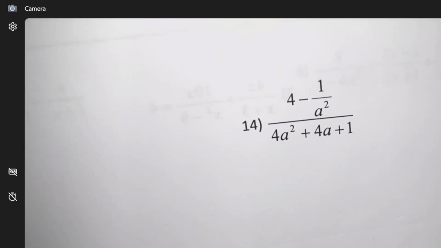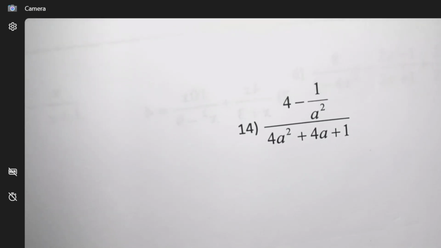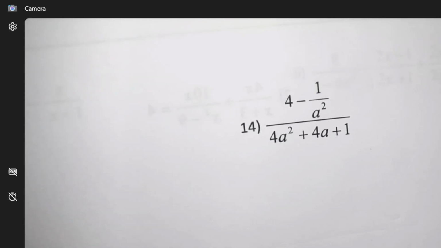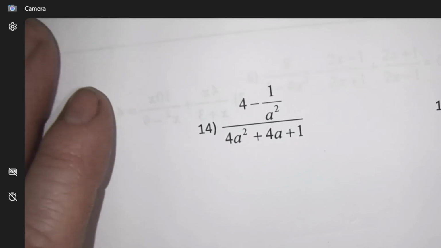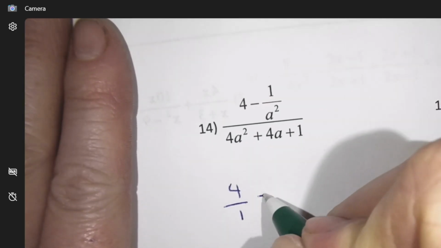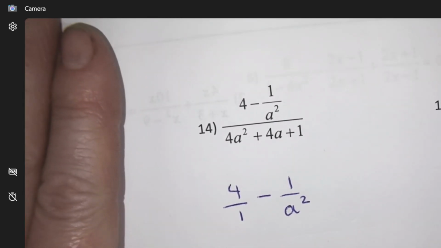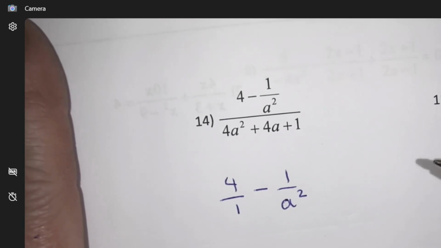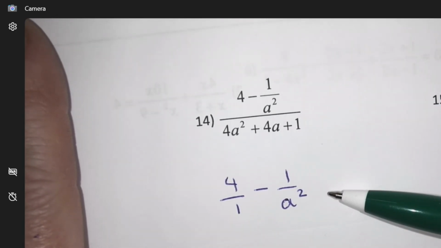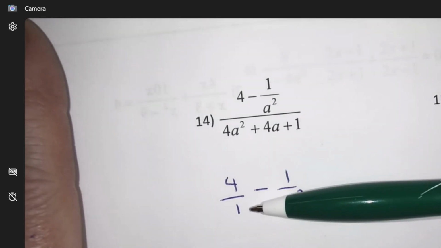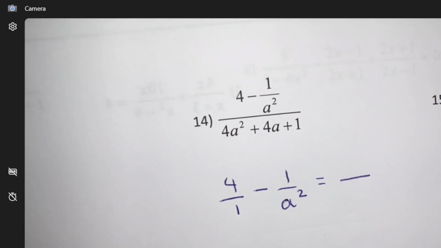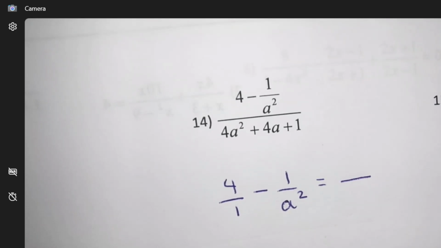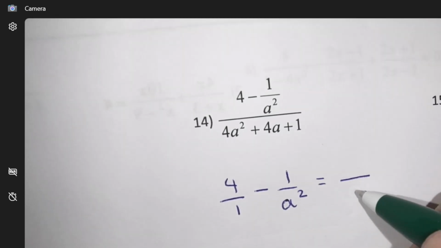Okay, anybody find another one that looks crazy? Let's go to number 14. Okay, so I have to put this together. So the only thing I thought about was just 4 over 1 right now. Okay, what kind of bottom do you want to use to put these together? A squared.